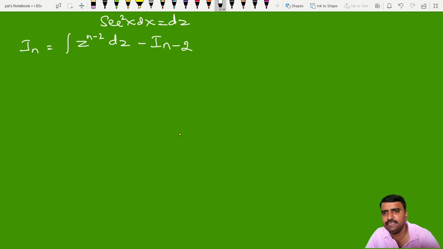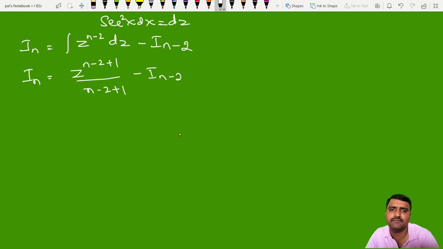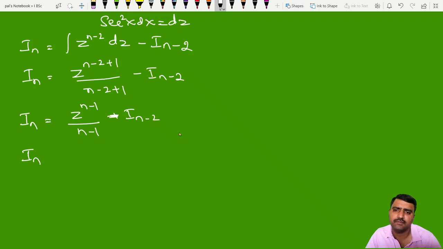Now we have to integrate z to the power n minus 2 with respect to z. Its integration gives I_n equal to z to the power n minus 2 plus 1 divided by n minus 2 plus 1, minus I_{n-2}. So that is I_n equal to z to the power n minus 1 by n minus 1, minus I_{n-2}.